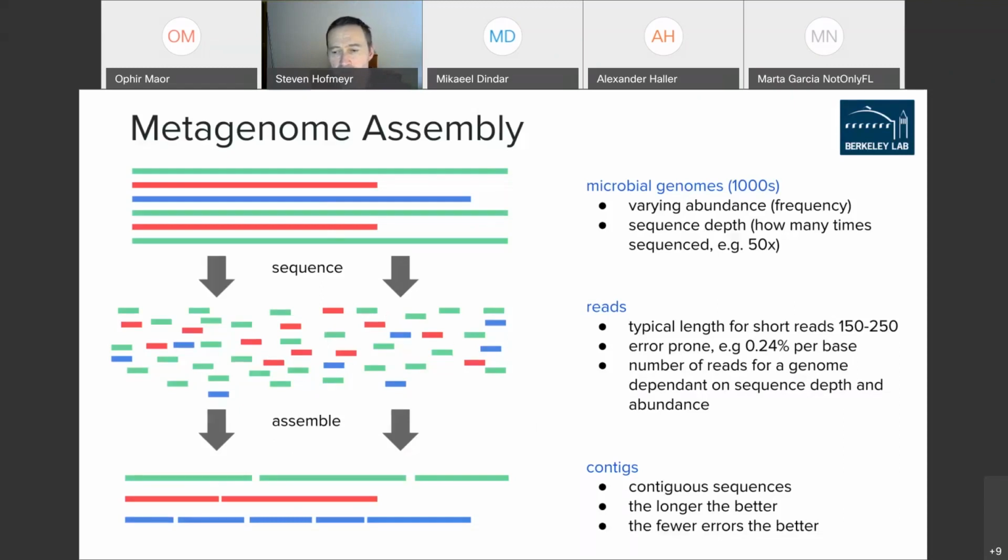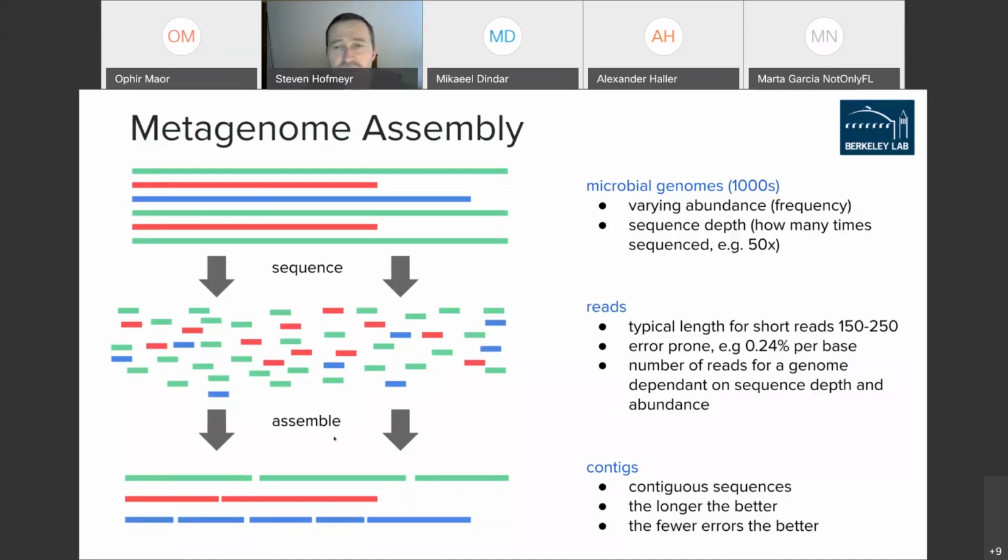You want to do so in a way that minimizes the errors and makes them as long as possible, because the longer they are, the more biologically relevant information you can extract, like complete genes and things like that. So that's basically the problem that's addressed by MultiAssembly.